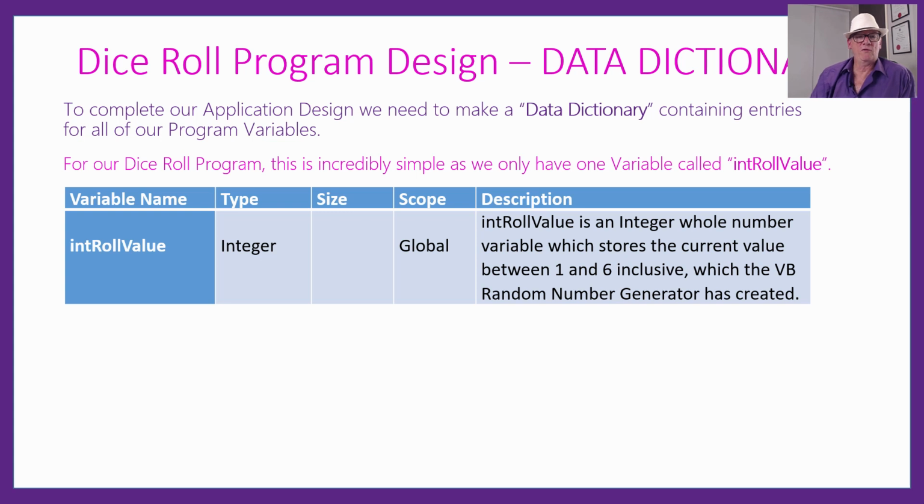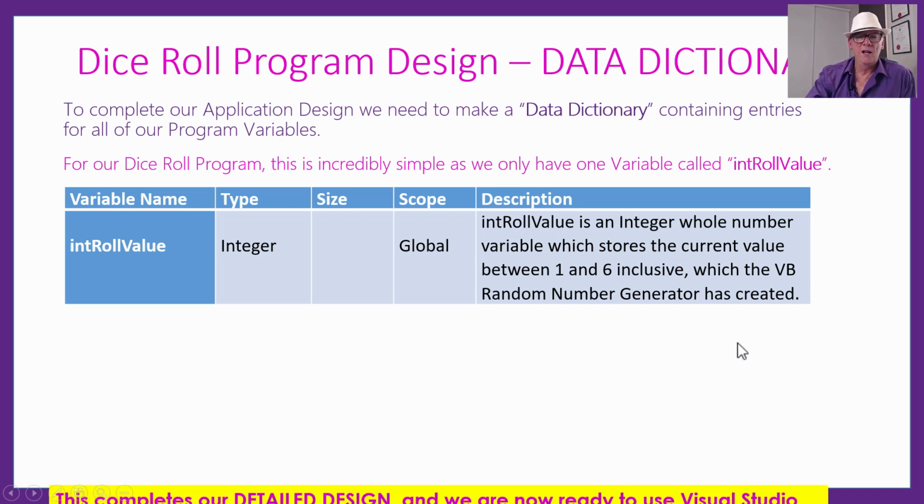But for now, for this first version of the program, it's just int roll value is your variable name, and then your next column is type. We're setting that up as an integer. We're not going to worry about the size. We're just going to use the default size that Visual Basic makes it when you choose integer for your data type. The scope is global, that it could be used anywhere within the program, and just a description there about what it does.